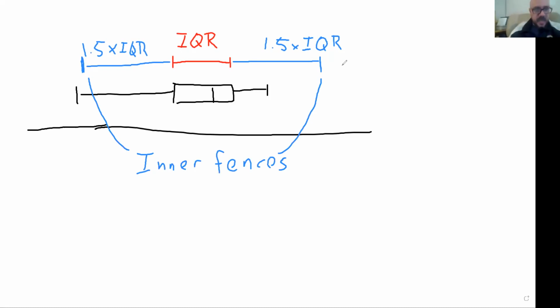So any data value that we see outside here. So let me switch colors. Magenta, I like magenta. Outliers.